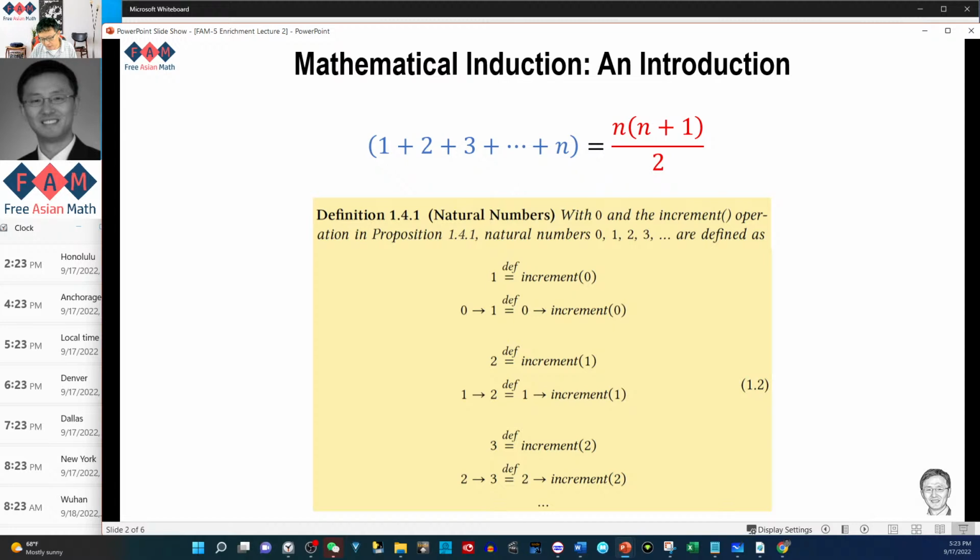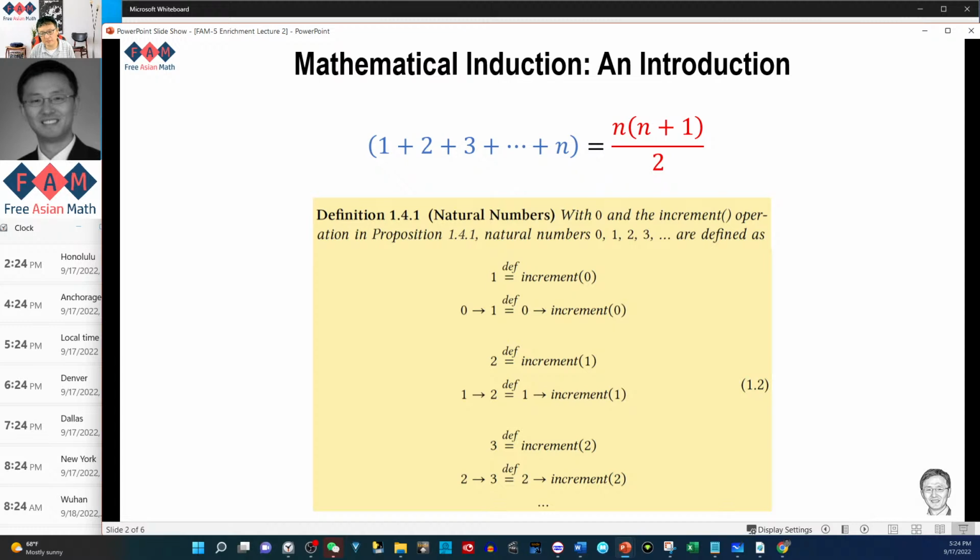Why did we define natural numbers in this way? We first assume there's an initial state for the counting, which gives us the all-important concept of 0. With the increment function, we define 1 as an increment from 0.